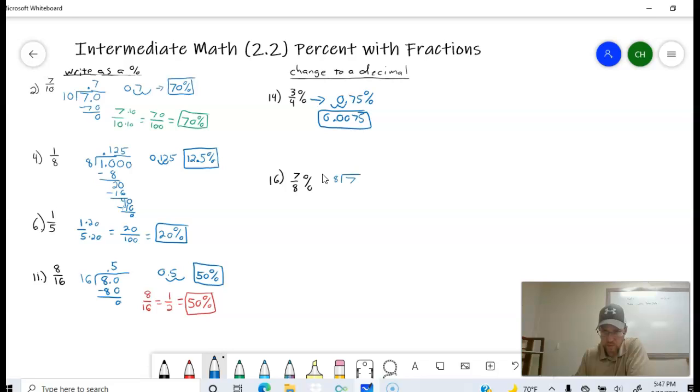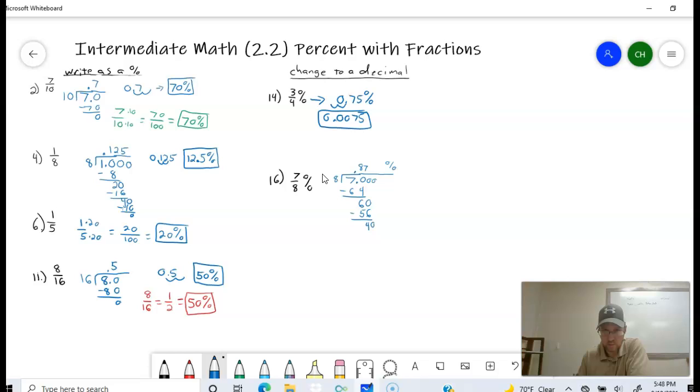I do know that the quotient here is going to be a percent when I'm done. 8 won't go into 7, so I'll do my decimal trick. 8 goes into 78 times, which is 64 minus 6. 8 goes into 60 7 times, which is 56.